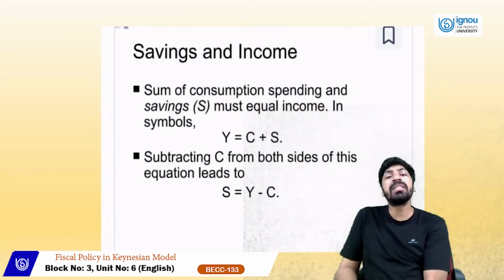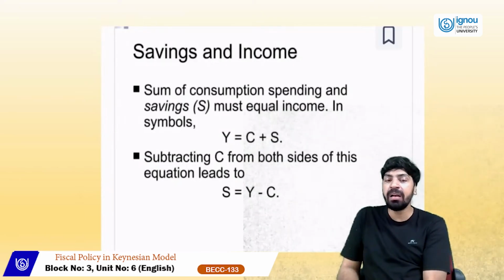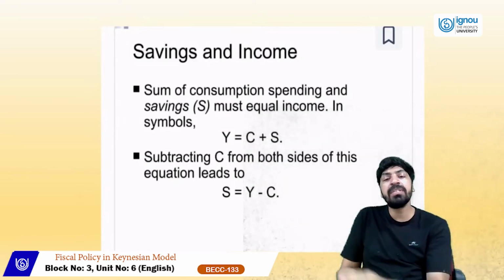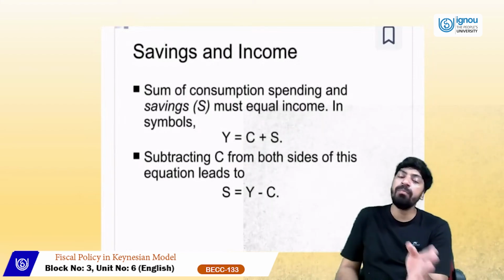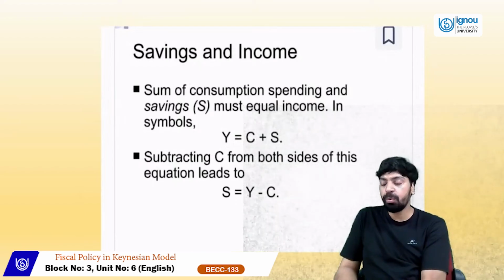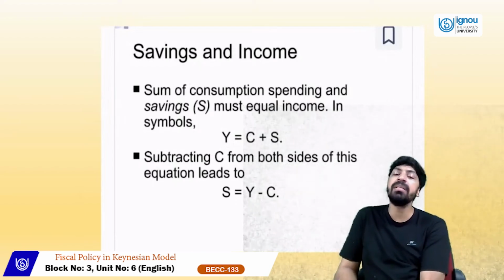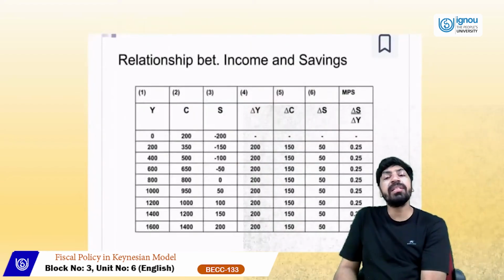The sum of consumption spending and saving must equal income. So subtracting C from both sides, the formula that comes is savings is equal to income minus consumption. This is the relationship between income and savings.